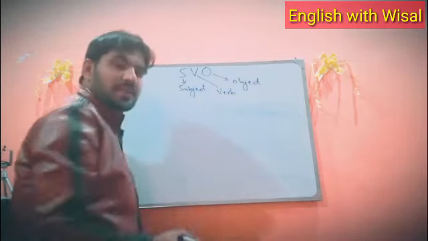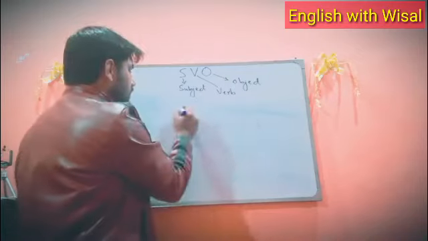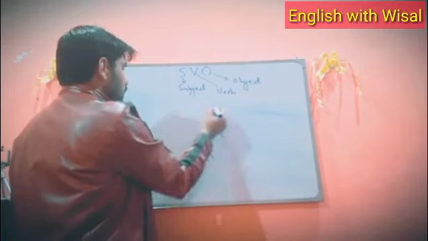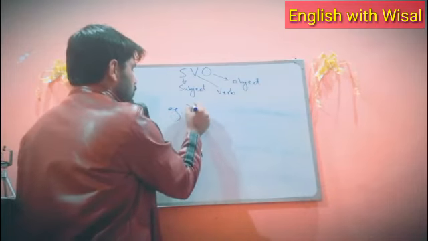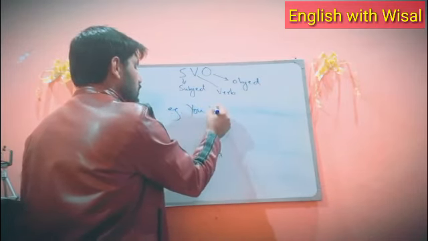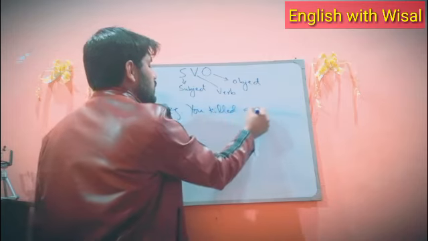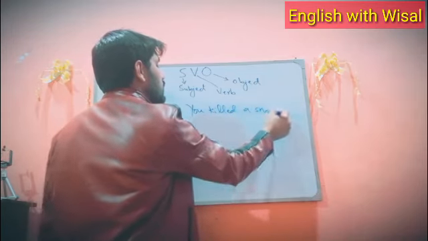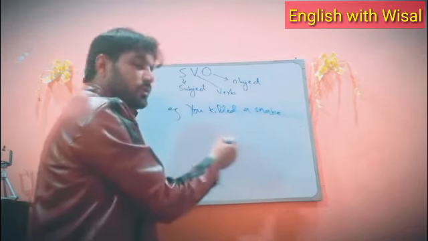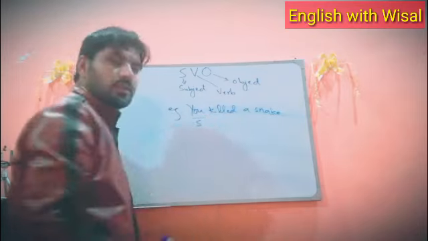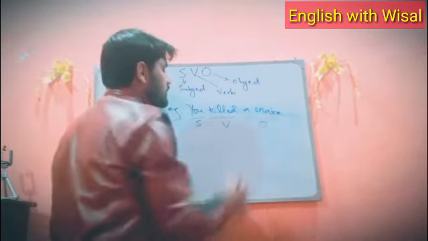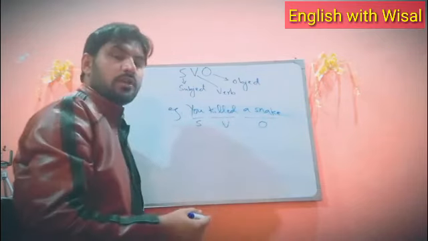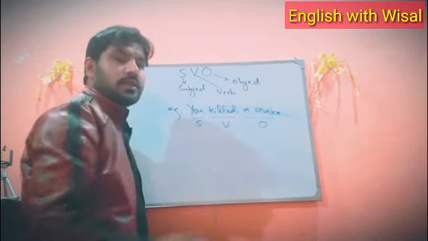Let's come to animal and idea. You killed a snake. So in this sentence you see that you is the subject, killed is the verb, and a snake is the object. And here the object is an animal, snake.